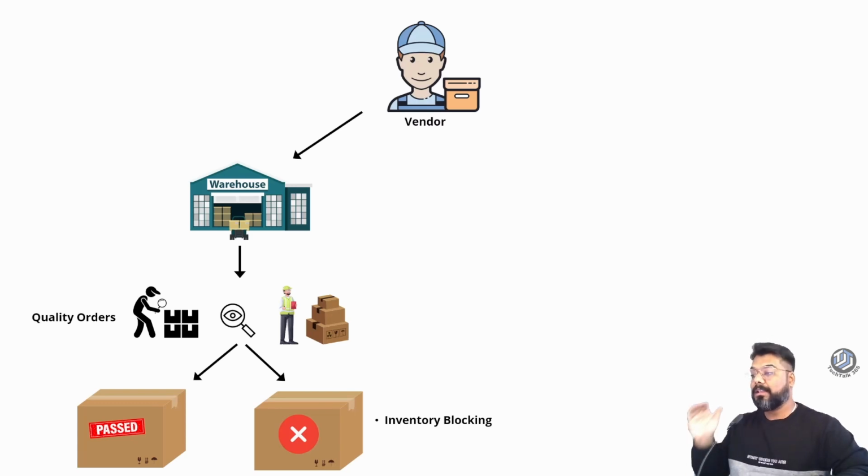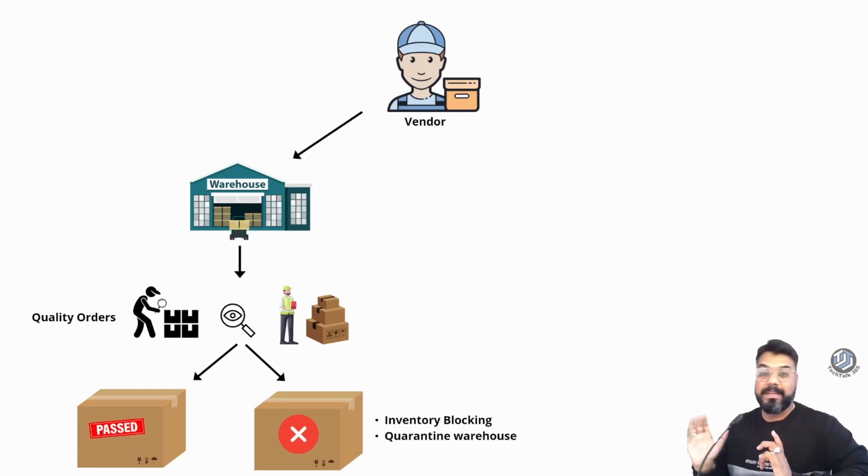Other than inventory blocking, it's also possible that the failed stock gets moved to something called a quarantine warehouse. That is, you're segregating the failed stock from your actual warehouse location into a quarantine location and keeping it there, and later you decide whether to scrap it, or until a decision is made with the vendor, you just hold it.